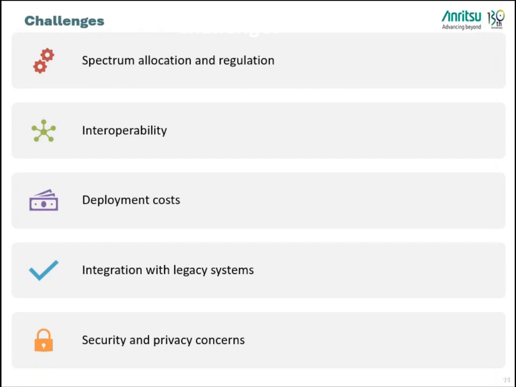Legacy networks can be either 2G, 3G, and the future technology, 5G. And going forward, different technologies may come up that have to be implemented and tested so that they can operate in any environment. And last but not least are the deployment cost and security. So these are some of the challenges which operators and vehicle manufacturers face.